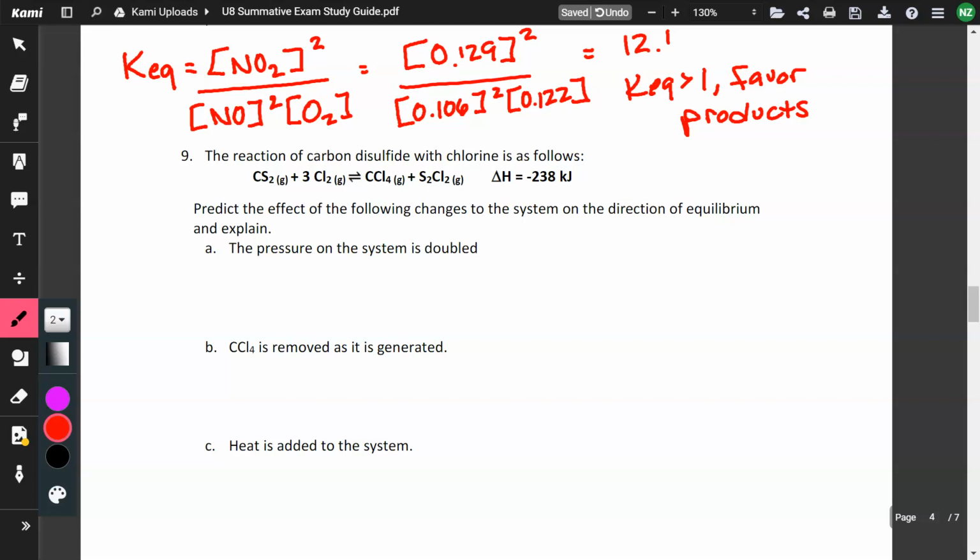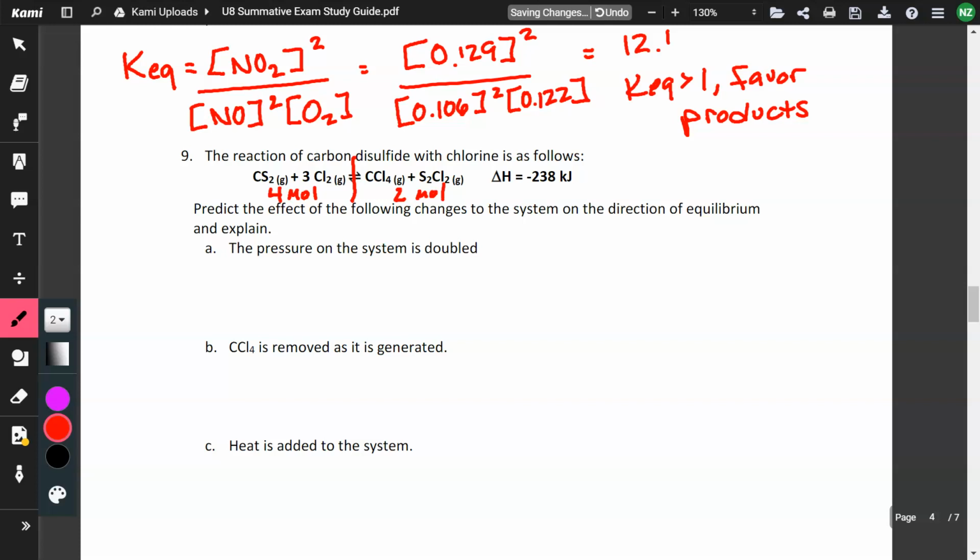Okay, now we're going to move into equilibrium and Le Chatelier's principle. Number 9 says the reaction of carbon disulfide and chlorine is as follows. Pressure of the system is doubled. Pressure has to do with moles. So on the left side of our reaction, we have 4 moles. On the right side, it looks like 2 moles.